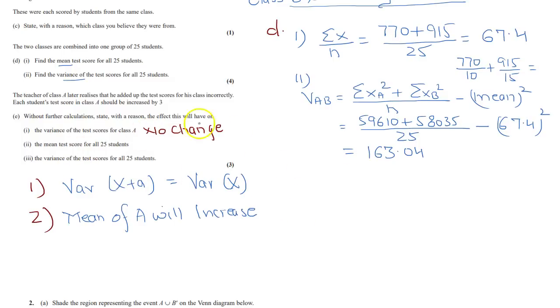If you have plus 3, plus 3, plus 3 on all of these, definitely the mean will increase. The mean of A will increase, and it means the resultant mean of all 25 will increase.